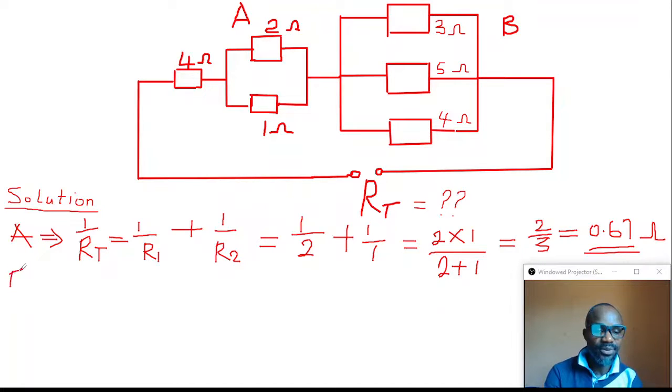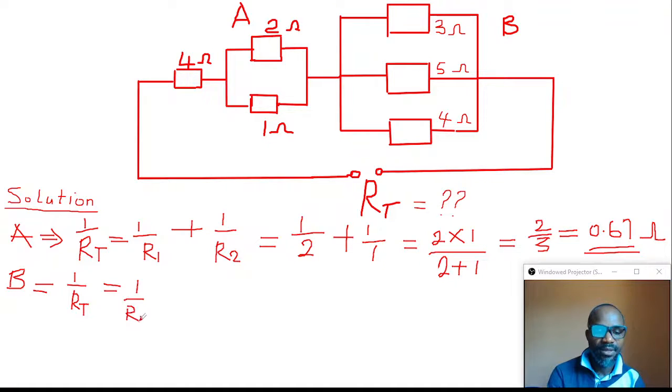So in section B, we need to solve to find the total resistance. Here we have how many resistors? 3. So it's going to be 1 all over RT, the total resistance we are looking for, equal to 1 all over R1.